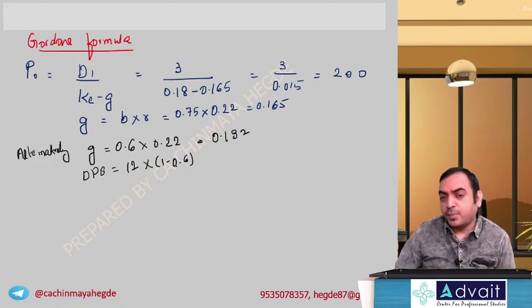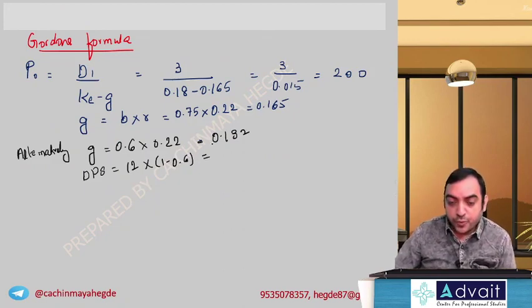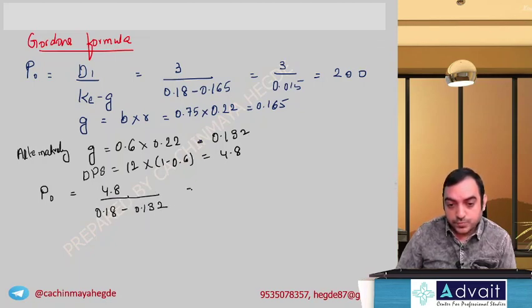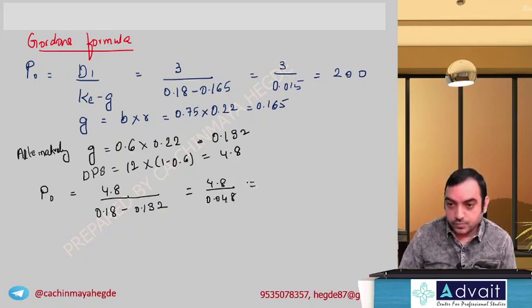So 60% is retention, which means 40% would have been paid. So 12 into 40% means 4.8. P0 equals D1, which is 4.8, divided by K minus g, 0.18 minus 0.13. Right? 100.